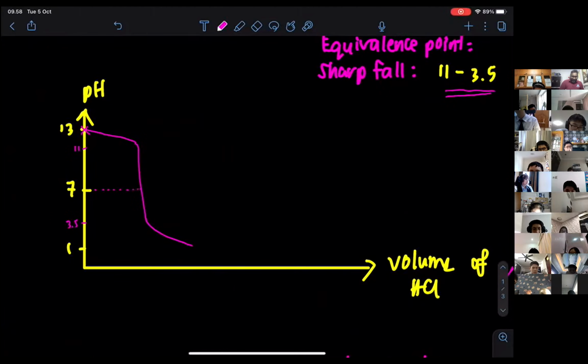And you can say that at this particular volume of HCl, let's say for example 20 cm cube, is going to be the exact amount of acid required to completely react with the OH minus from sodium hydroxide. That is the meaning.